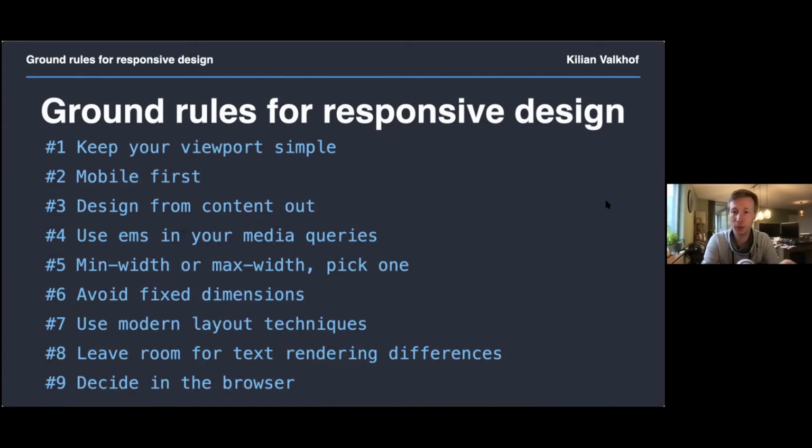Avoid fixed dimensions when you're writing CSS. Use modern layout techniques like Flexbox and Grid when you're creating layouts because they're inherently responsive and flexible. Leave room for text rendering differences so that you don't get nasty surprises in cross-browser situations. And lastly, decide in the browser.